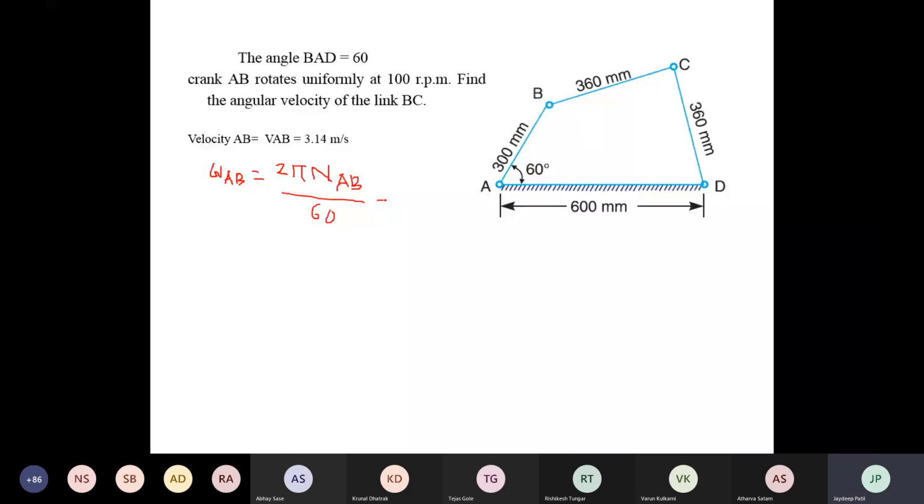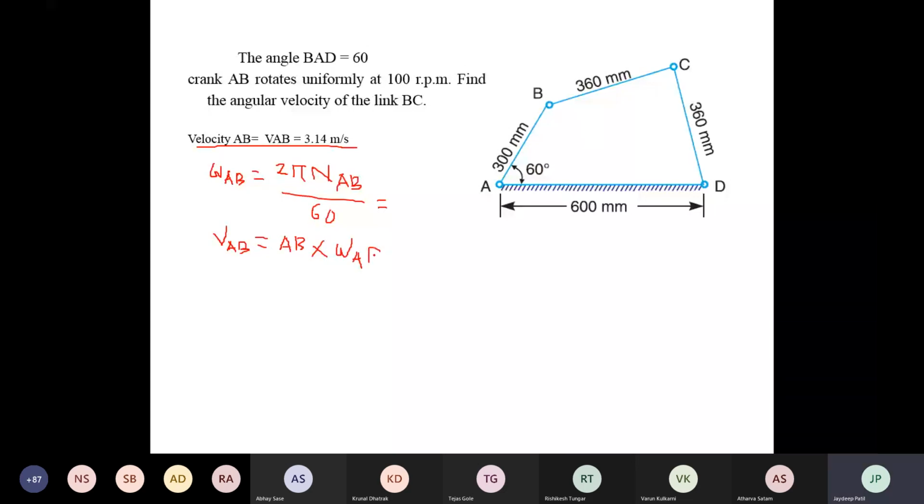Once you get the angular speed omega AB of link AB, you have to find out the velocity of AB. You find the velocity of AB, or velocity of B, by using the formula R into omega, where R is the length of the link AB in meters and omega is the speed of the respective link in radians per second.